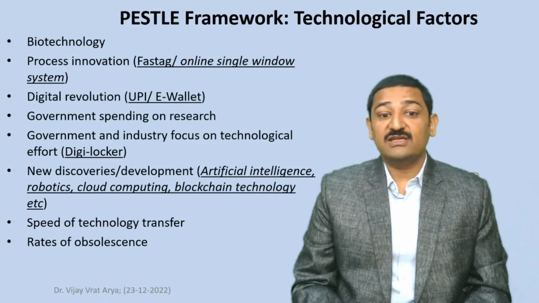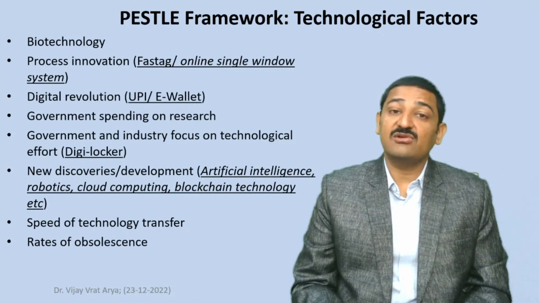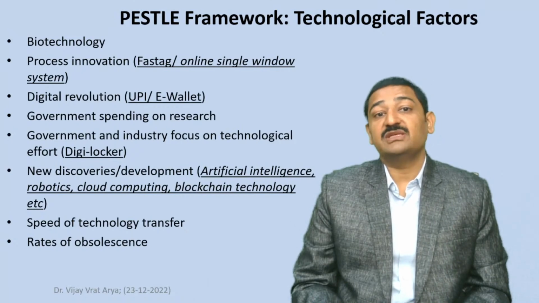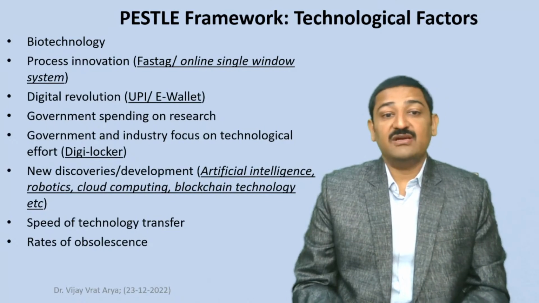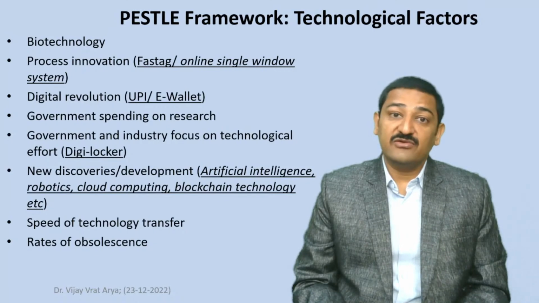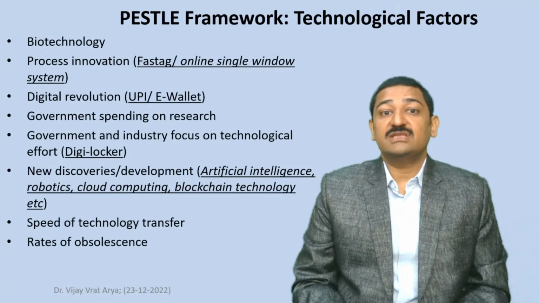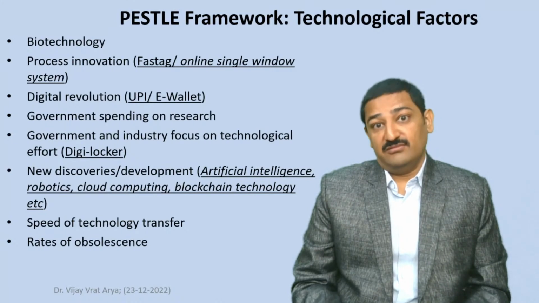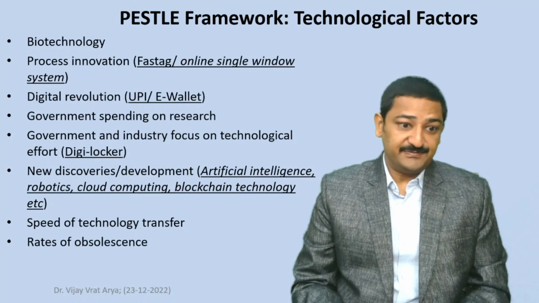New discoveries or developments, maybe in artificial intelligence, robotics, cloud computing or blockchain technology, are developing this technological base, giving good opportunities and making the system more simplified and very useful in the present context.